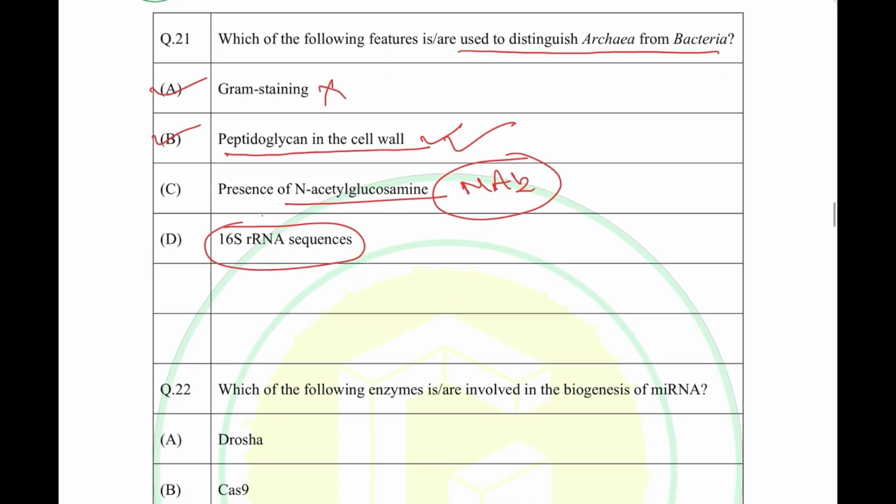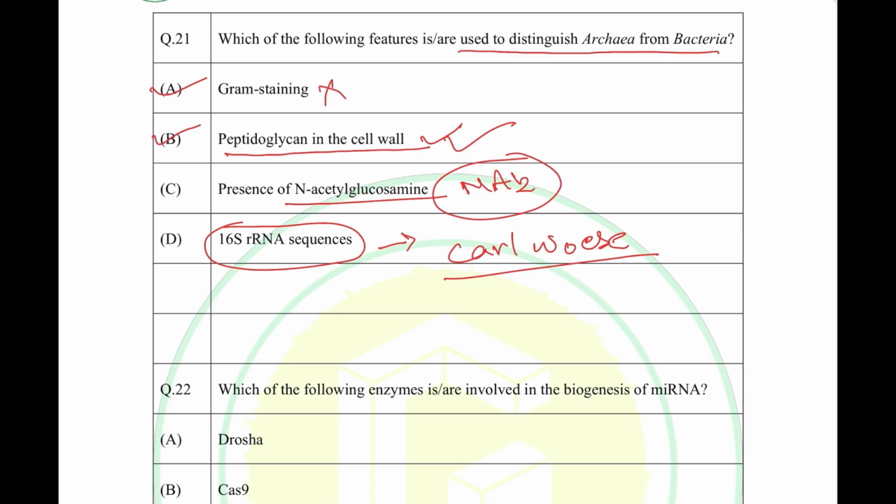16S rRNA sequence. Archaea were first distinguished as a separate domain by Carl Woese based on the unique 16S rRNA. We are all familiar with this name. And this is the most fundamental molecular criterion for distinguishing archaea from bacteria.